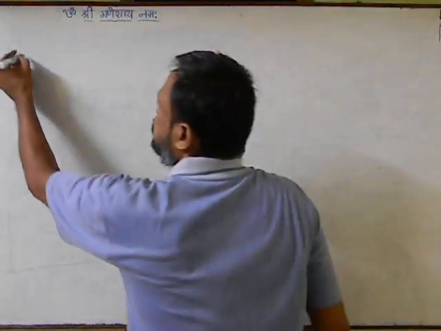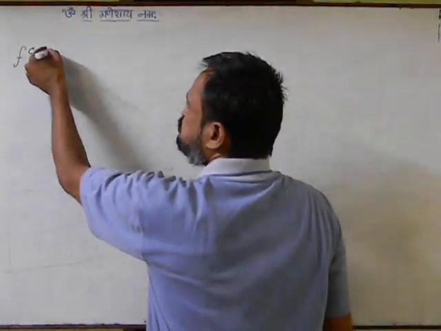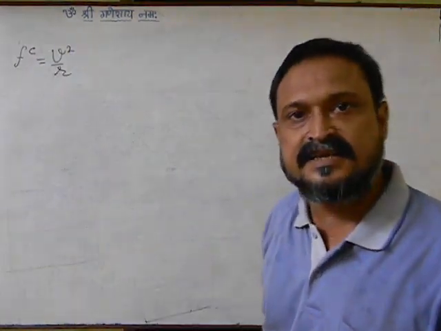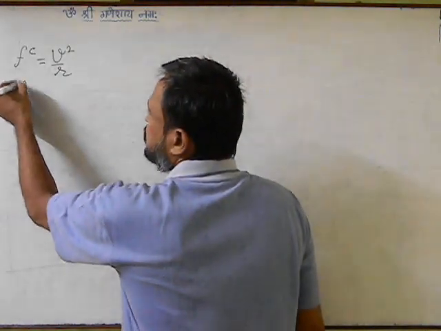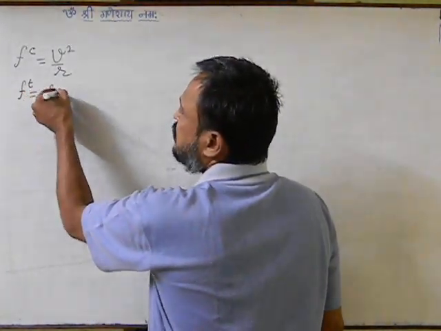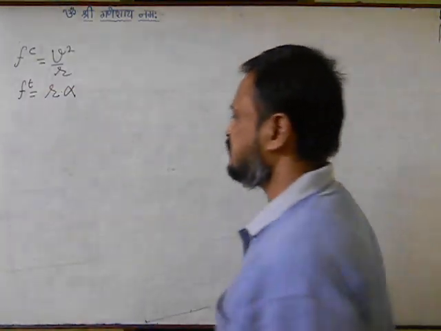As we have seen, the centripetal component of acceleration is v square by r, where v is the instantaneous velocity, and the tangential component is r alpha, where alpha is the angular acceleration.